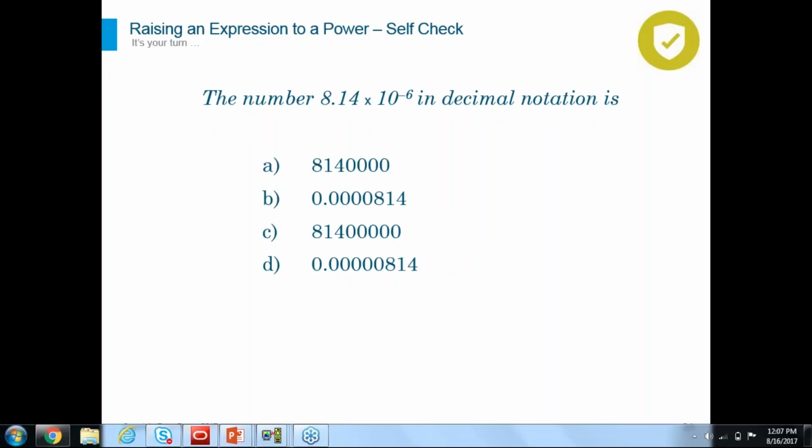Okay, I'm going to use my elimination method here just to make it easier. Now, I see a negative exponent. So this number should be a decimal number.